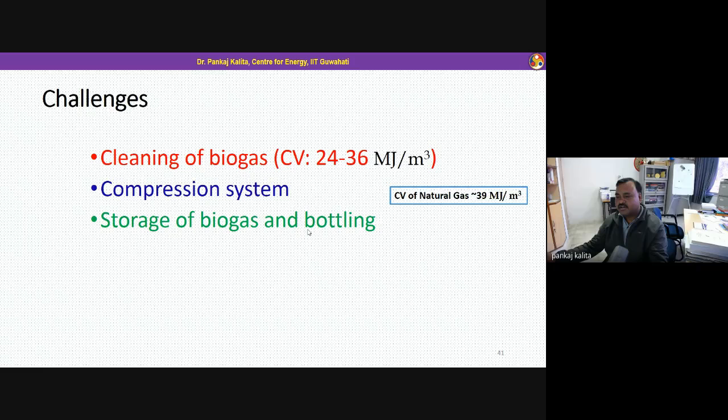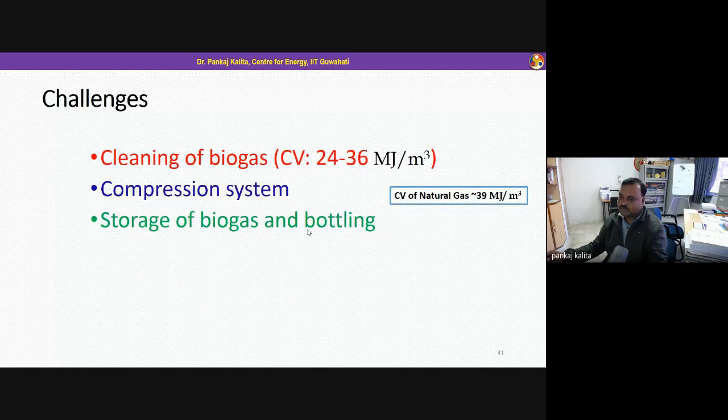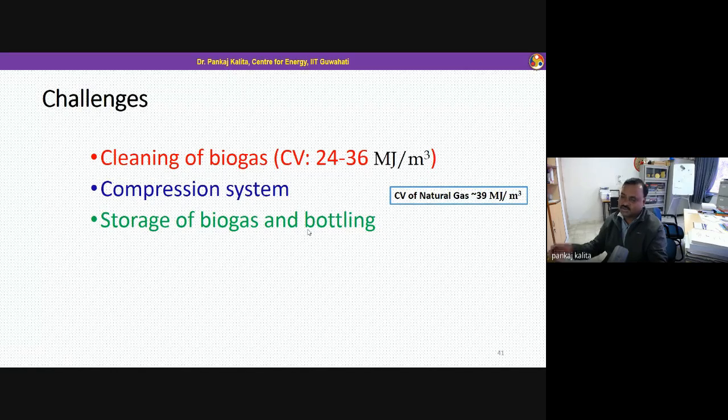And we need some kind of compression system if we use a fixed dome type biogas plant, because when we use gas, slowly its pressure decreases. So in between you need a chamber which can give constant pressure to the system. And storage of biogas and bottling is also important. Okay, so there is scope for a lot of research, especially in those areas I mentioned.